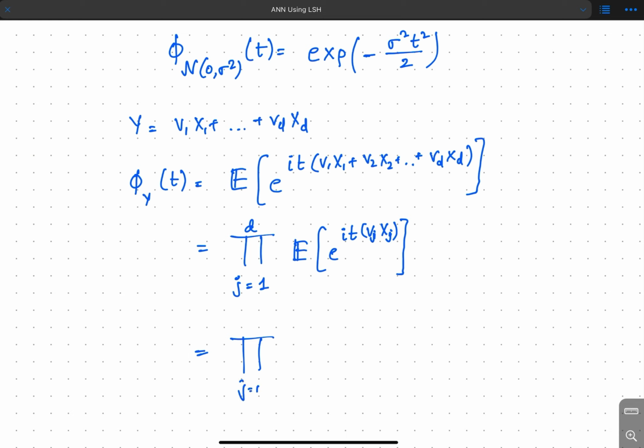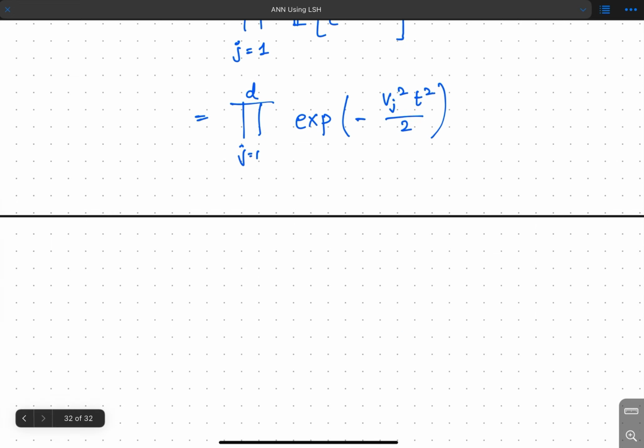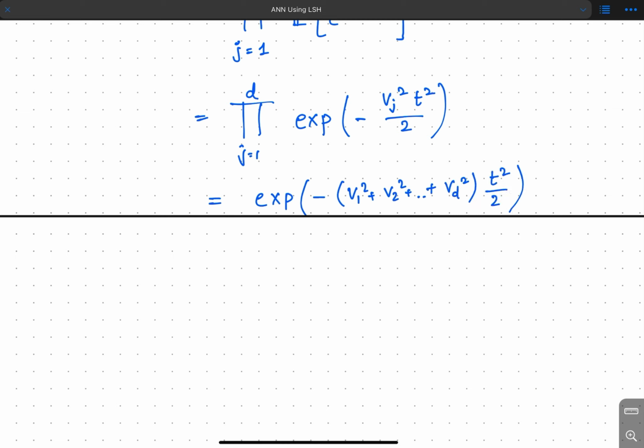So this will turn out to be e power minus vj square t square by 2, and the product will turn out to be e power minus v1 square plus v2 square plus and so on plus vd square, times t square by 2.